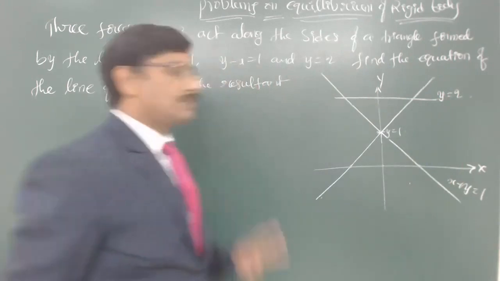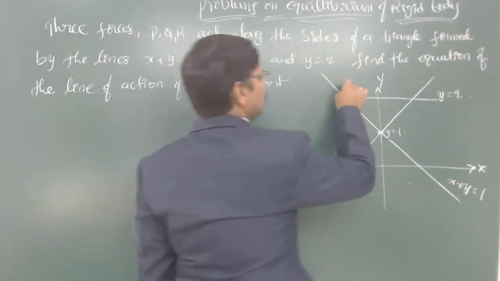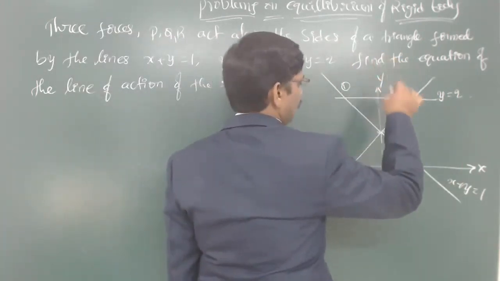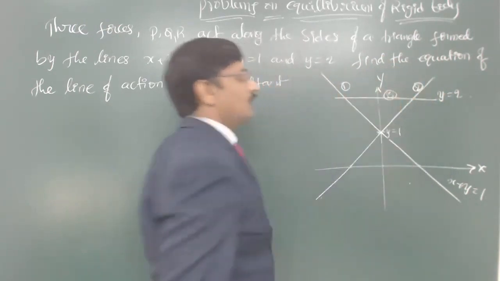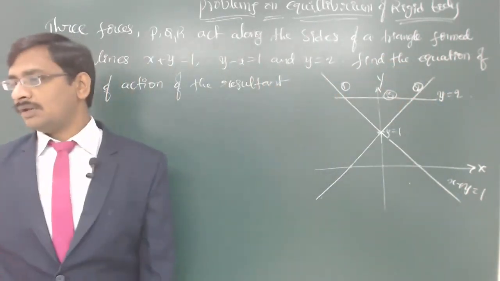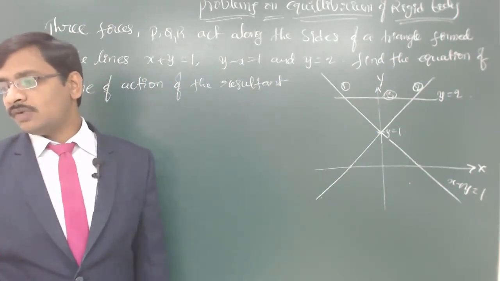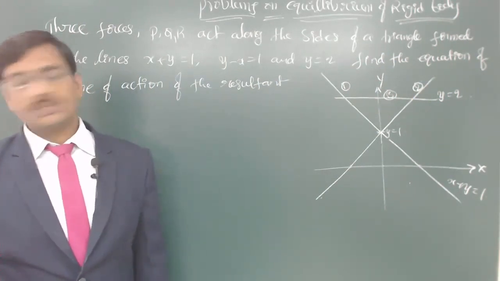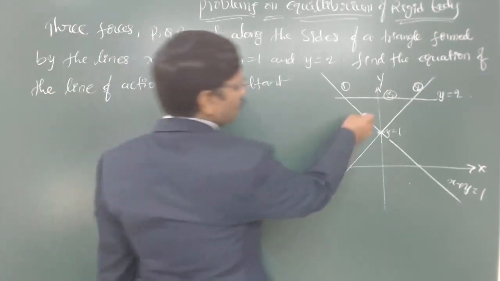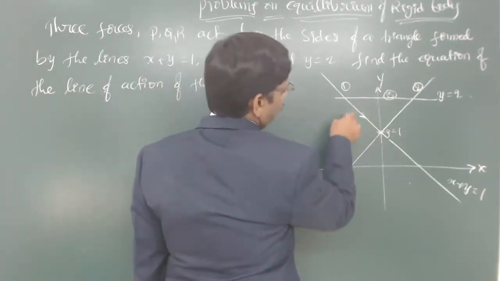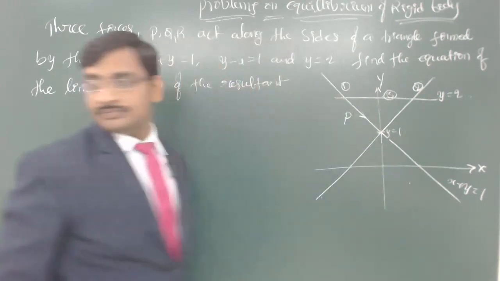Now he is talking about three different straight lines. This is one, this is the second one, and this is the third one. So there are three different forces acting on this, and those three forces are P, Q, R. On the first line, x plus y is equal to 1, there is a force P acting.